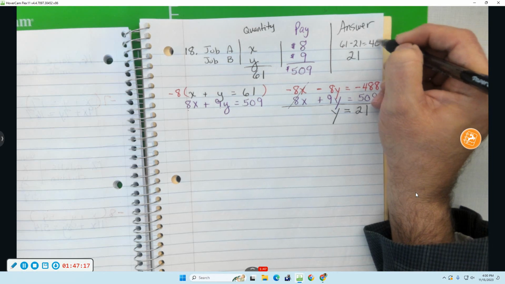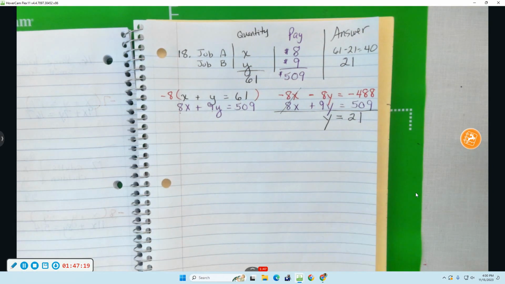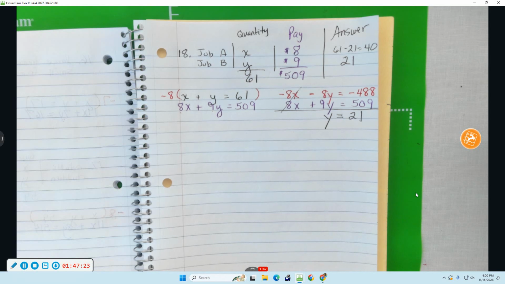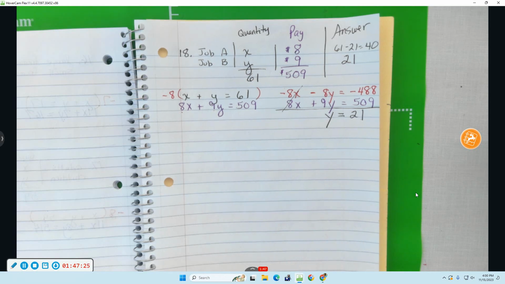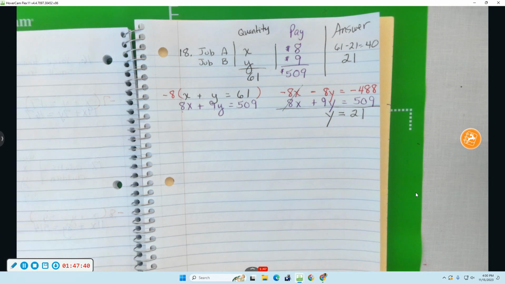Poor Mike working a full-time job and then 21 hours at job B and making only $509 before taxes. The phrase before taxes, at first I'm sure they didn't have that phrase and some teacher said, put on there before taxes, because, who gets a job?